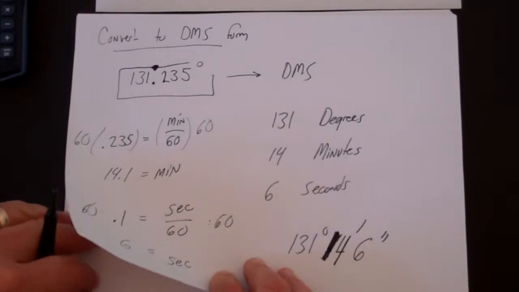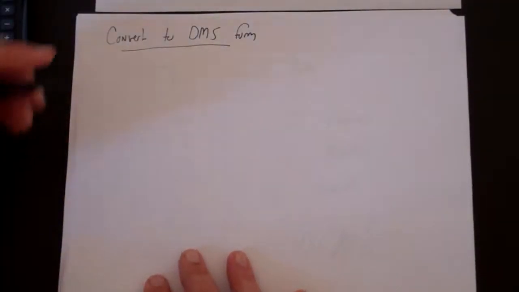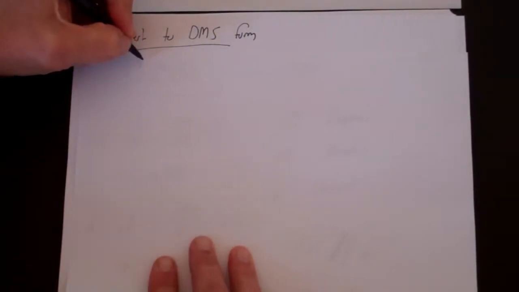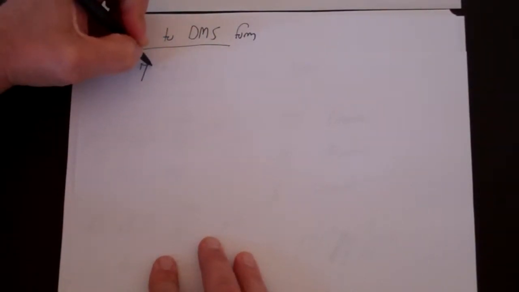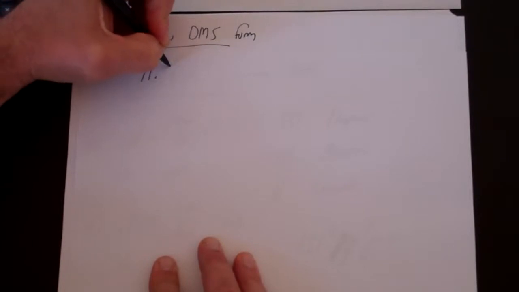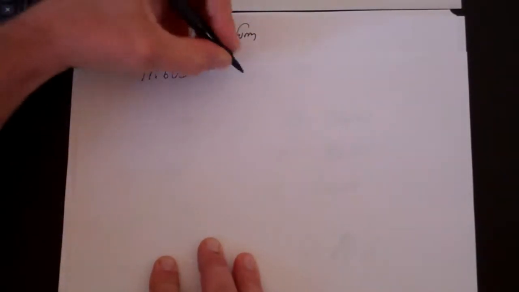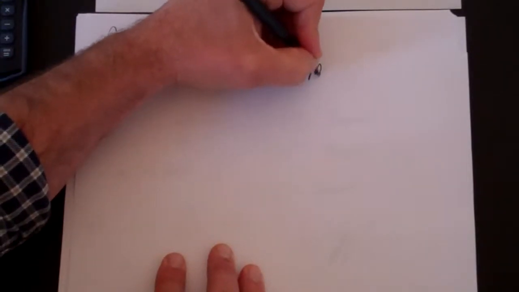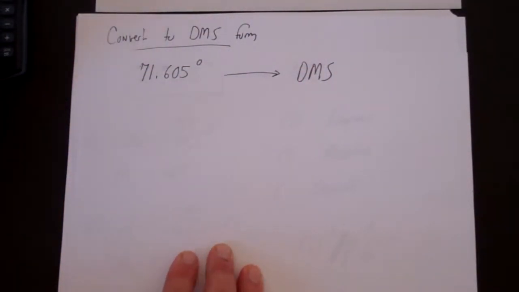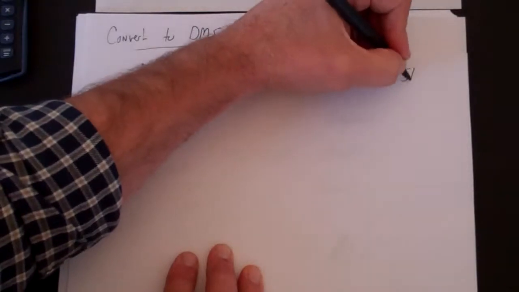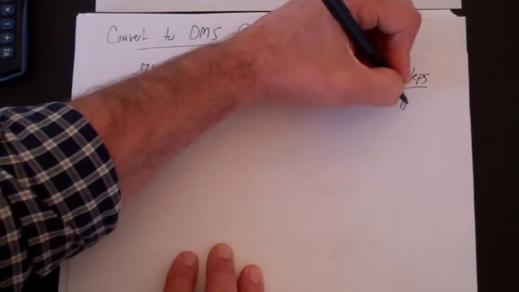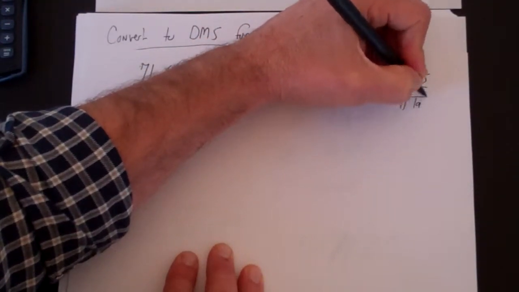Let's go over that problem again and let's try to give it a little more structure. Again, convert to DMS form. Let's try 71.605 degrees to DMS. First step, take out the degrees. We can even do steps. Step 1, take out degrees.